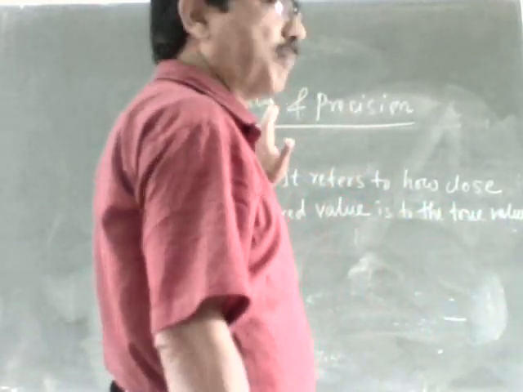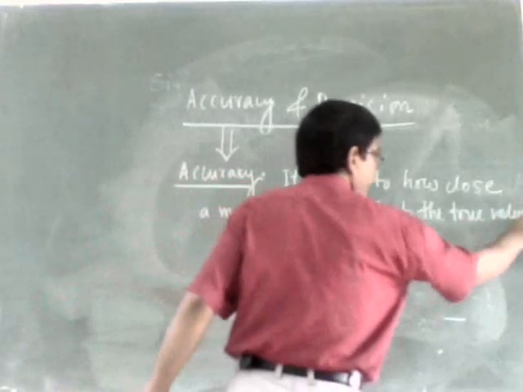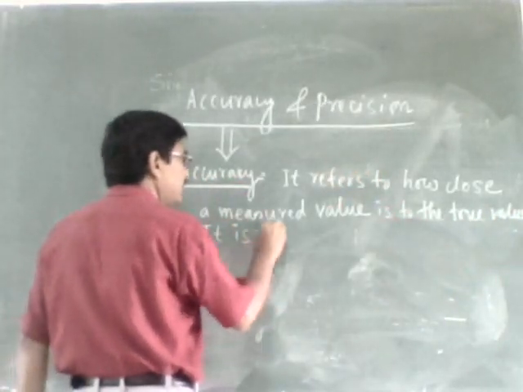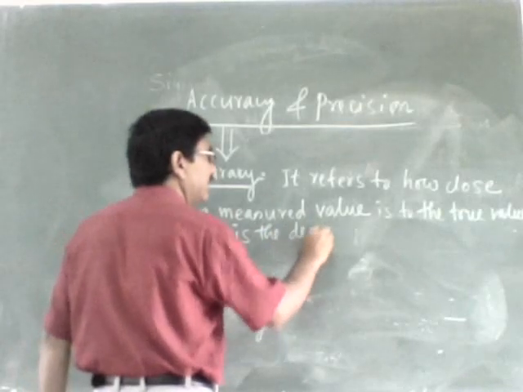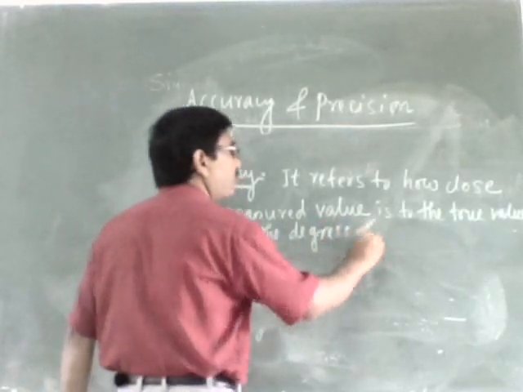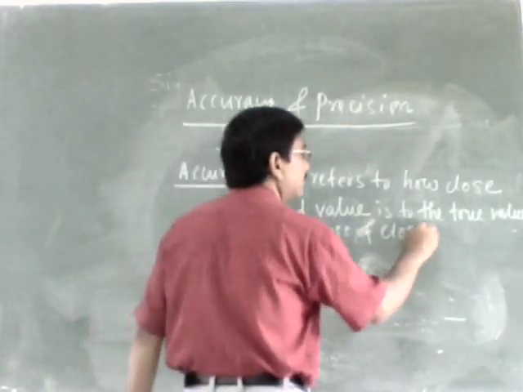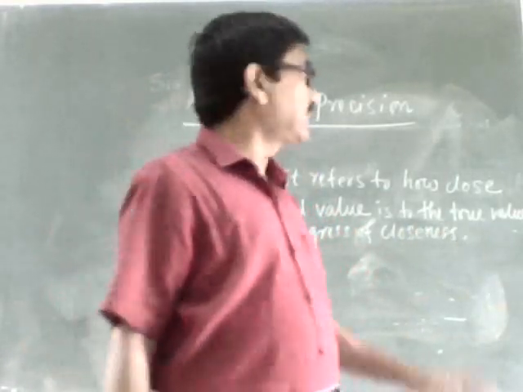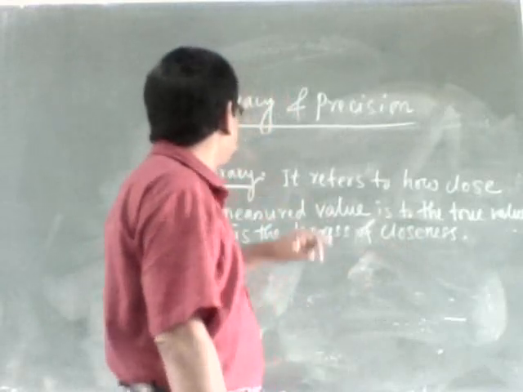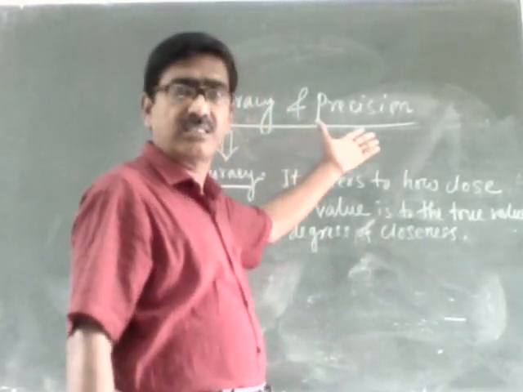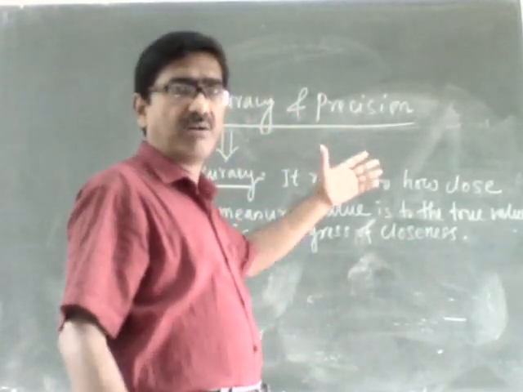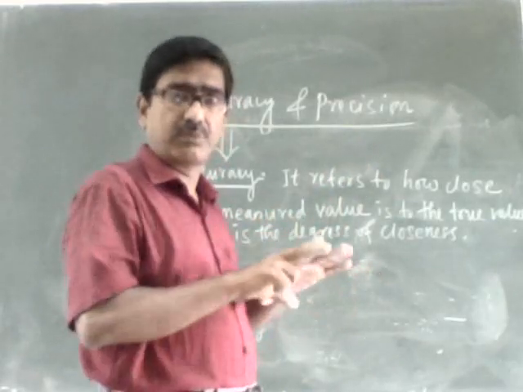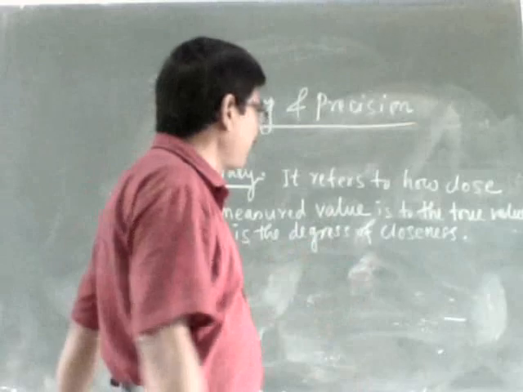It is the degree of closeness. This is accuracy. After the discussion of precision, with an example I will tell you the main basic difference between accuracy and precision.